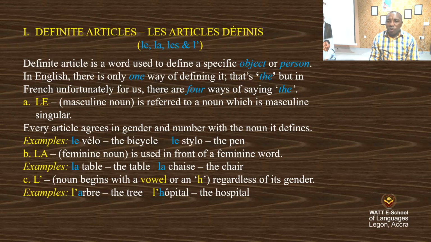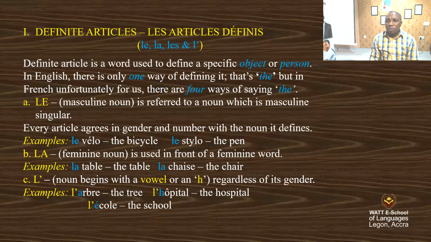It doesn't matter whether arbre is masculine or feminine. But what is most important here is the beginning of the word. L'hôpital, the hospital. You can see we have a silent H that begins the word. Therefore, we need to use l'apostrophe. L'école, the school, is the same thing here.